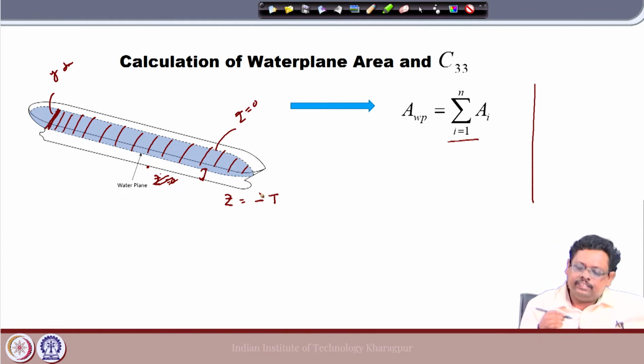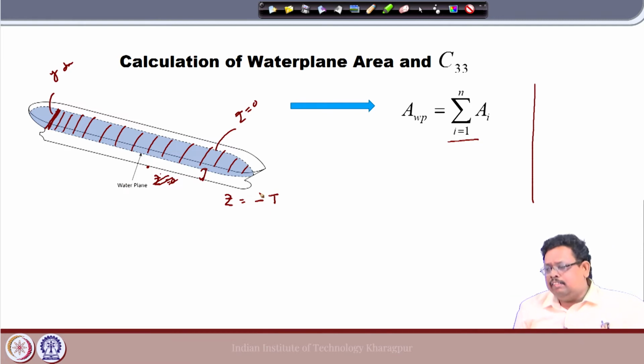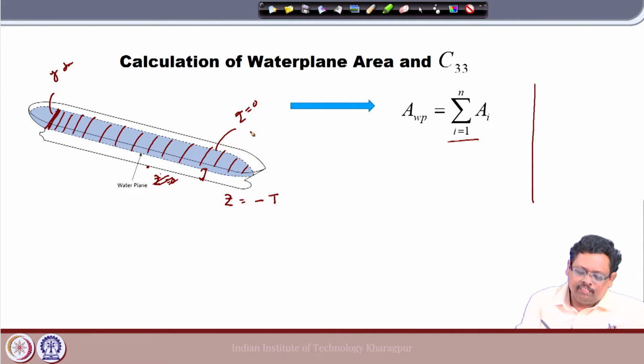Something you have to understand: if you are using software like Wamit, you have to use this convention. However, there are many software packages that use the orientation understood from hydrostatics, where they define z equal to 0 and this equal to plus t, and then change everything internally.